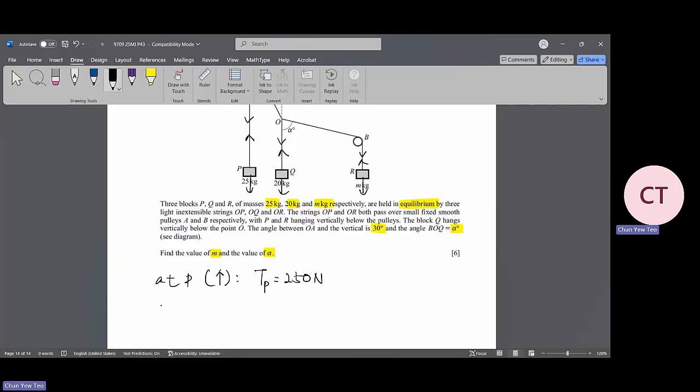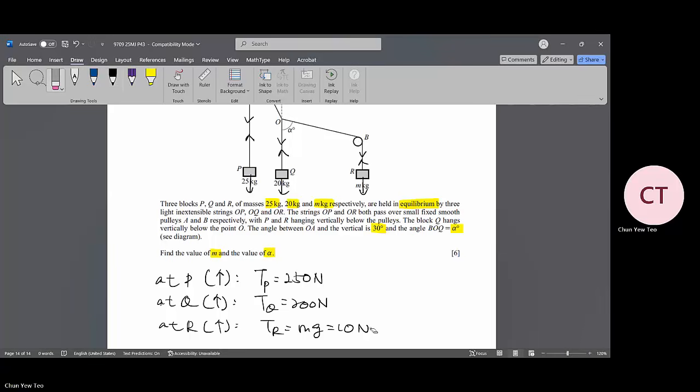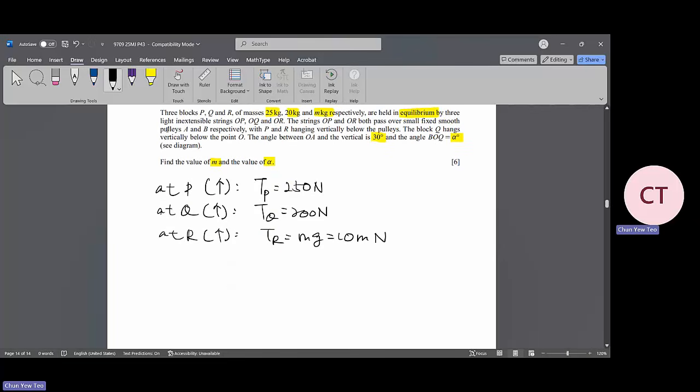Then at Q, if you resolve vertically, you will have TQ is equal to 200 Newton. Then at R, if you resolve vertically, you will have TR is equal to mg, which is 10m Newton. Okay, that is the things that we need to be ready.